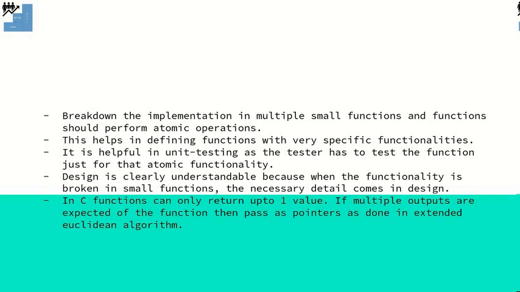But the function can only return one value. So we have returned GCD, but for the other two, x and y, we update them through the address. When the address is updated, you can access the updated value from anywhere. You don't necessarily have to depend on the return keyword.